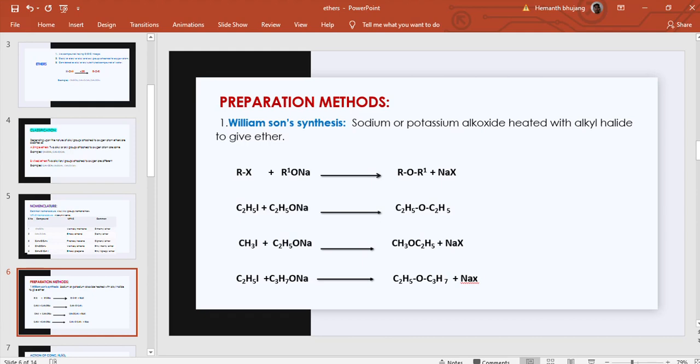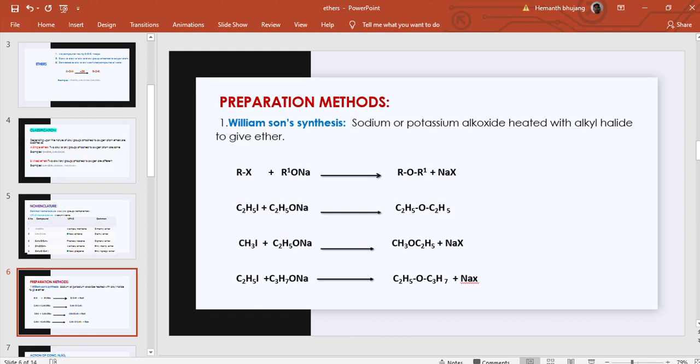In a simple manner, the reaction between alkyl halide and sodium or potassium alkoxide is known as Williamson synthesis. First the basic equation, if you remember, we can give our own examples, any number of examples. So what is the basic Williamson synthesis?